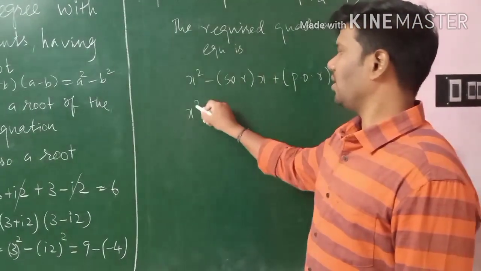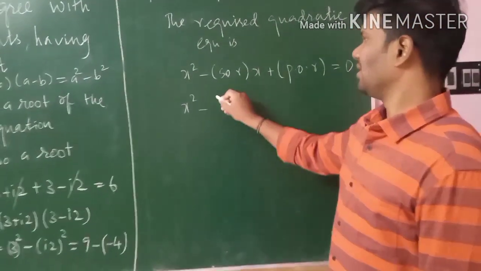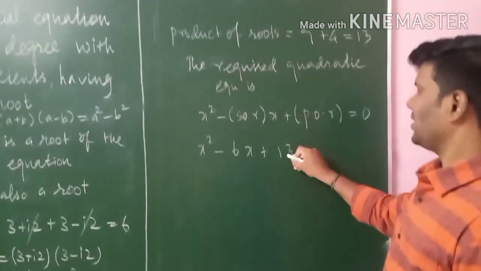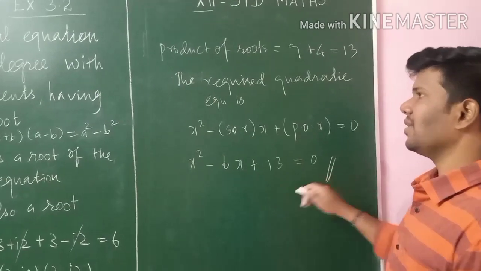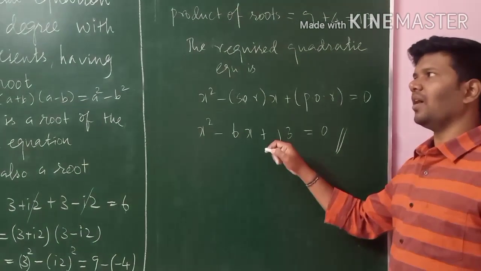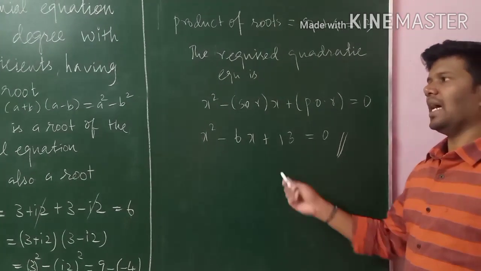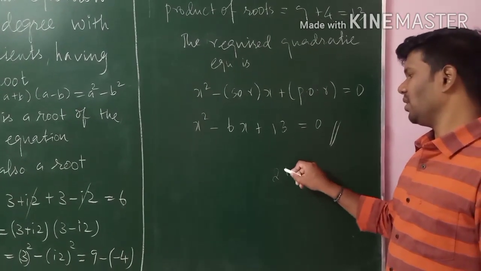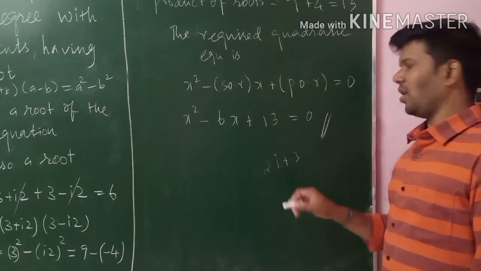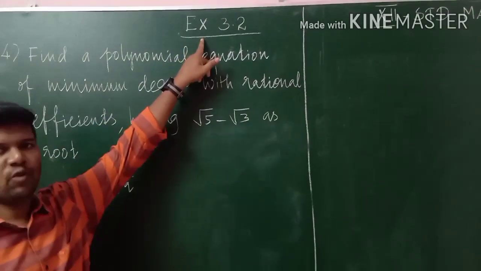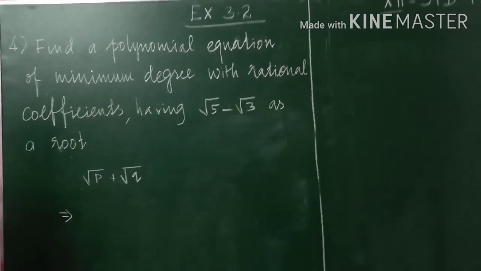So x square minus sum of roots 6 into x plus product of roots 13 equal to 0 is the required polynomial equation of minimum degree with rational coefficients having 2i plus 3, or 3 plus 2i, as a root.